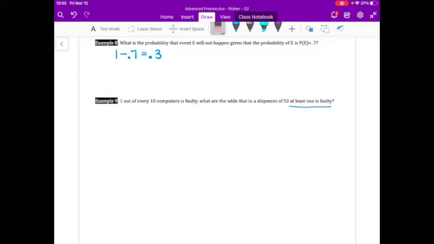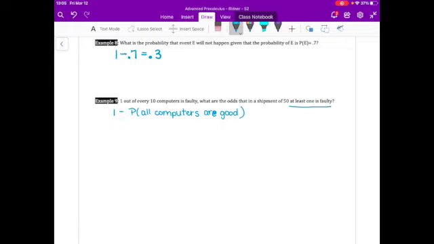So 1 out of every 10 computers is faulty. What are the odds that in a shipment of 50, at least 1 is faulty? So if we know that at least 1 is faulty, to make this easier on ourselves, we're going to find the probability of all computers are good. Okay?